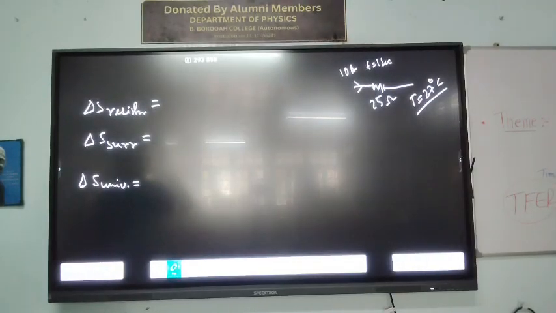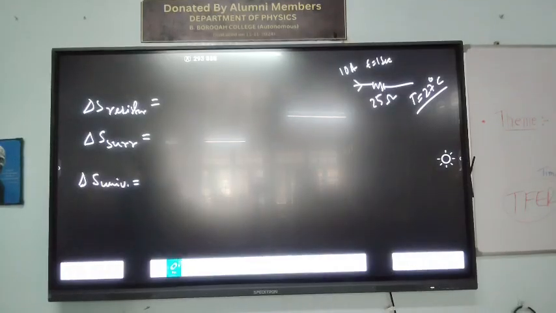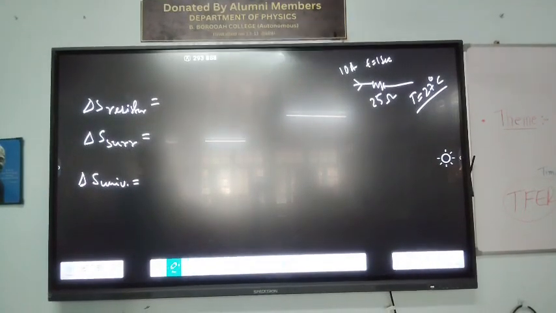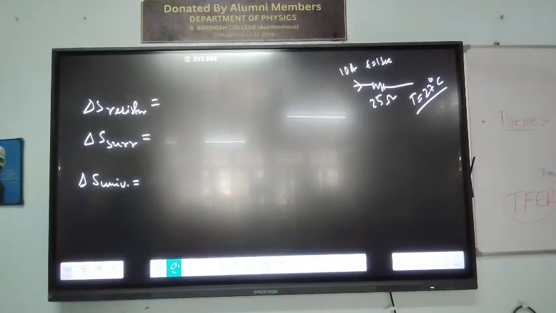We have a resistor whose temperature is maintained at 27 degrees Celsius. That means I am not allowing the heat to affect the resistor. Whatever heat develops, the water is taking the heat. So what will be the change in entropy of the resistor?